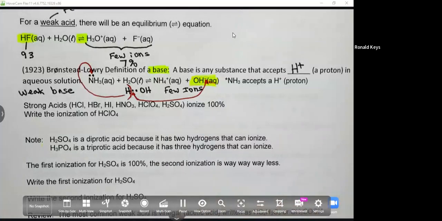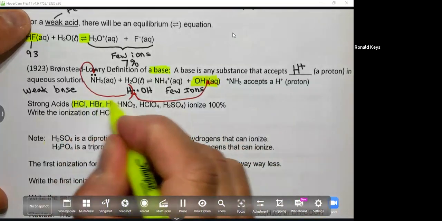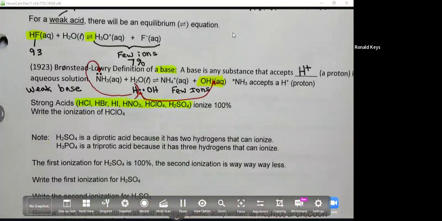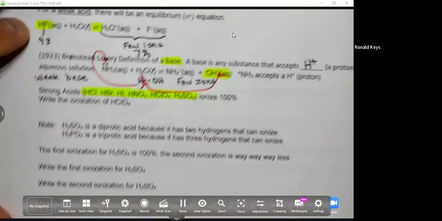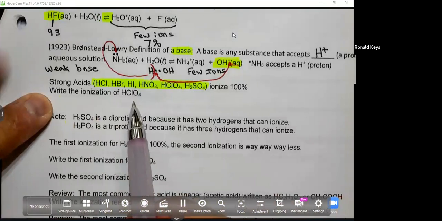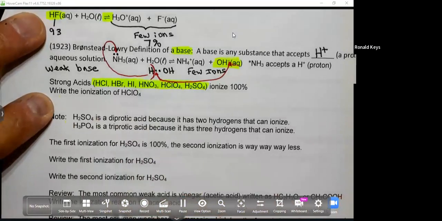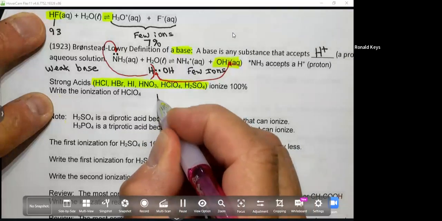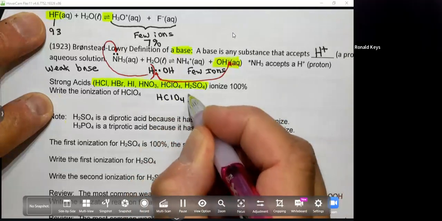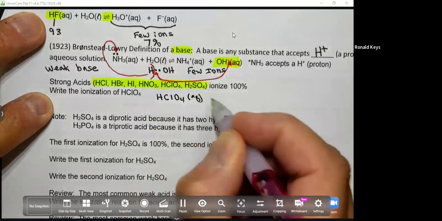Okay. Again, what are our strong acids? These right here. So it says, write the ionization for HClO4. There's two ways to do this. We have HClO4, aqueous.